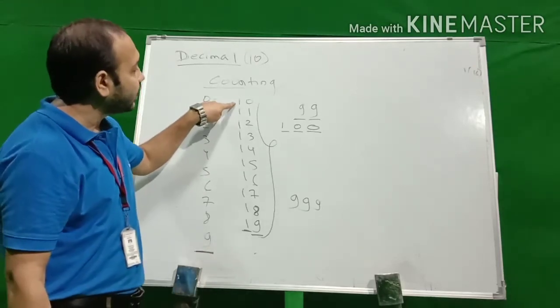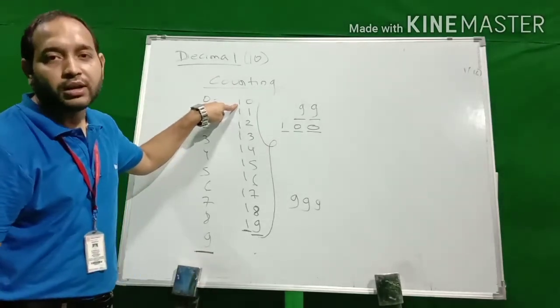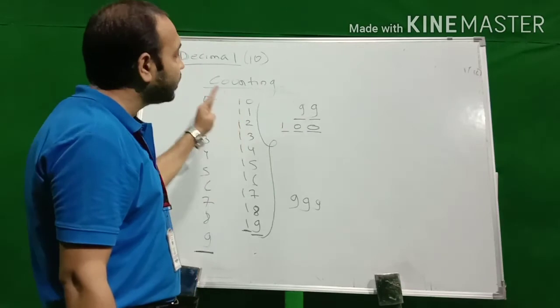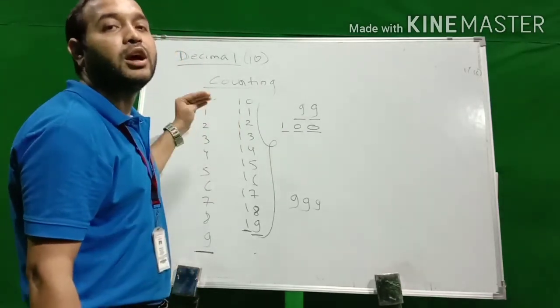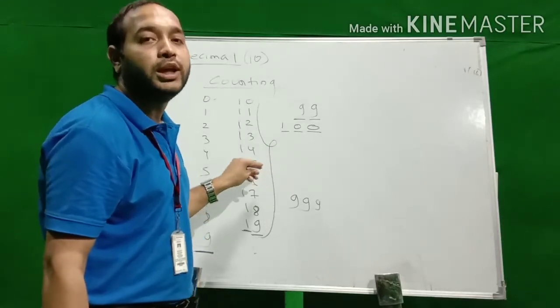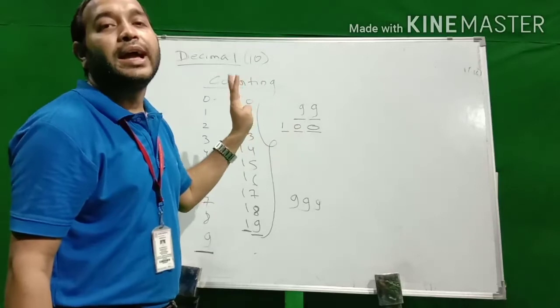Now we go to the second position where we can use all our 0 to 9 numbers. So like this we have to shift one by one when we are counting. This same concept we will use for counting in other number systems, whether binary, octal or hexadecimal.